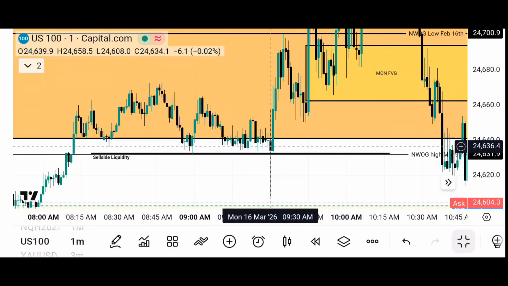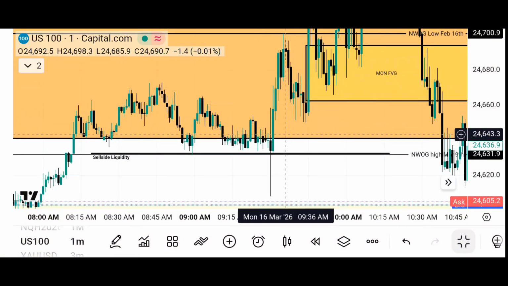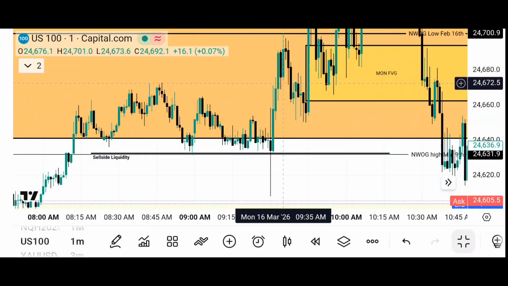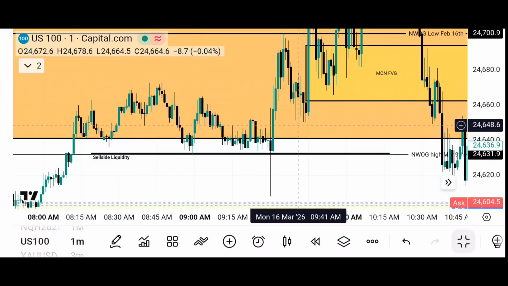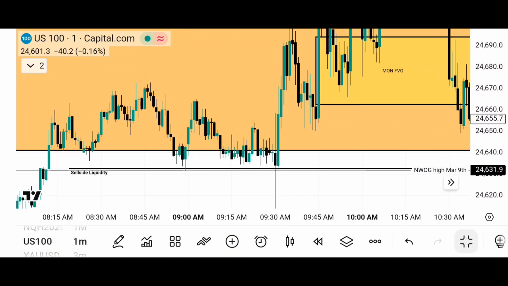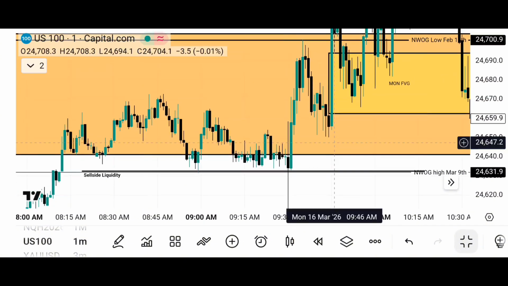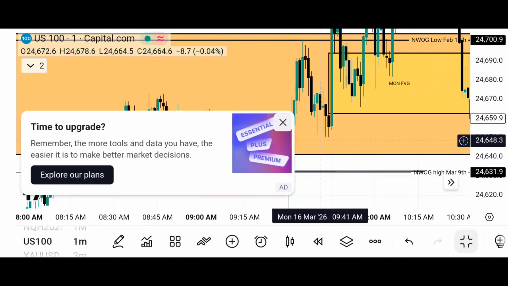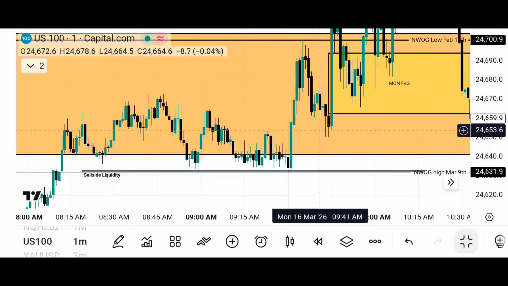Normally if there was a fair value gap right here, you would anticipate price to rally down to the gap. For some of you who are used to the fair value gap, you assume that there is no trade right here, but there is actually a trade to take at this point where price is running down.